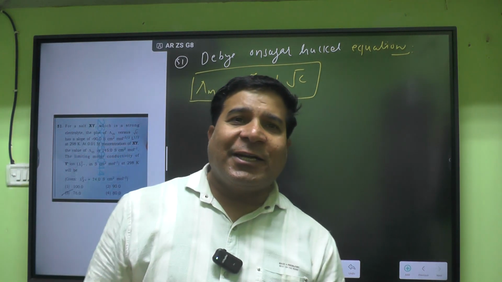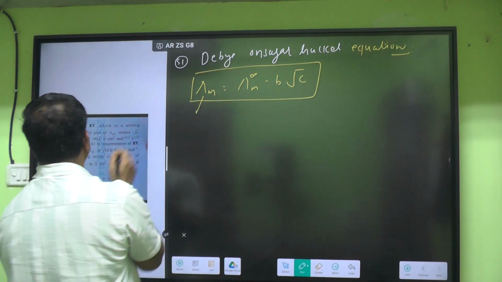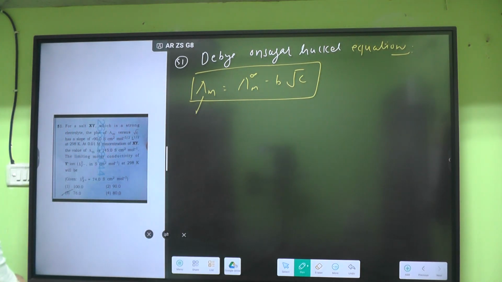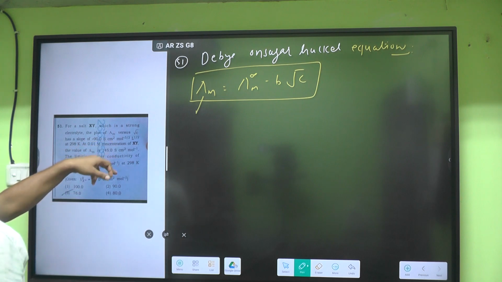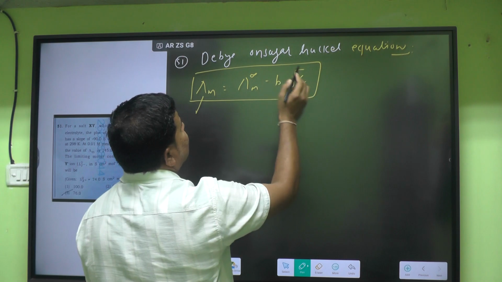Molar conductance at concentration C is given here. C is the concentration and B is a constant.